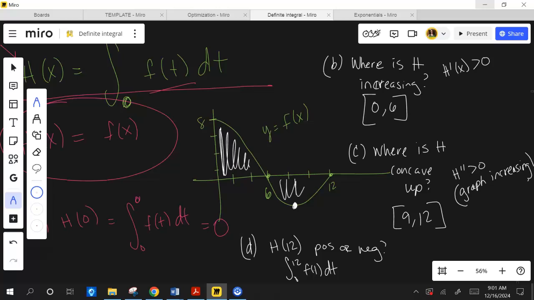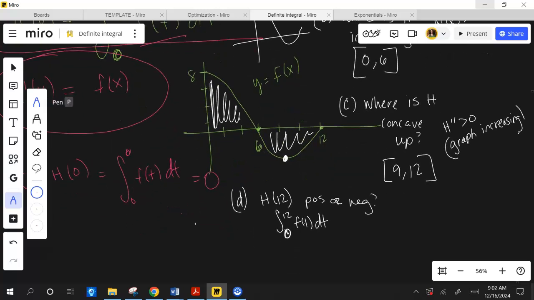If this is the derivative, I'm talking about area under the curve. Do I have more positive area or more negative area, or about the same? In the book, if I drew it like the book, it looks more like this. More positive, which would mean that h of 12 is positive.